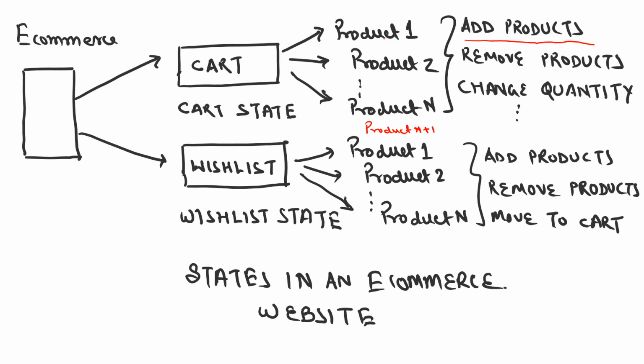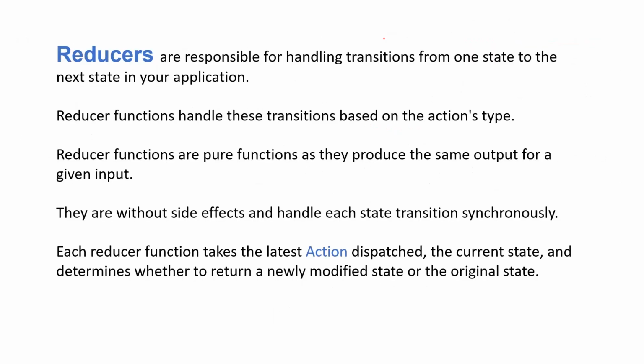It's not changing the value of any variable in a component, or producing the next value for an observable, or changing any value in a service. The function of the reducer is purely restricted to the state, or purely restricted to the task it is performing. So those are functions without side effects, and they handle state transitions synchronously.